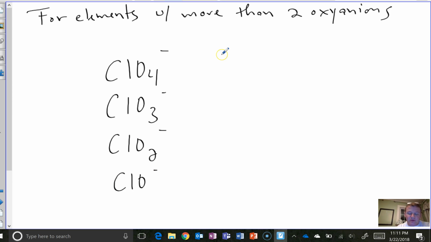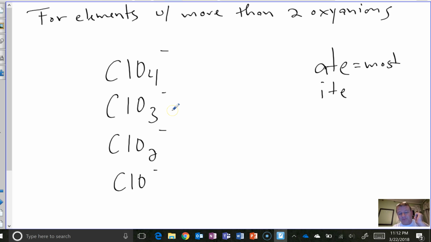Okay, so now remember, go back to our rules. It says that the one that ends in the ATE is the one that has the most oxygens, and then the next one below that would be the ITE. Well, I've got 4 different ones here, so the question is, which one gets the ATE?